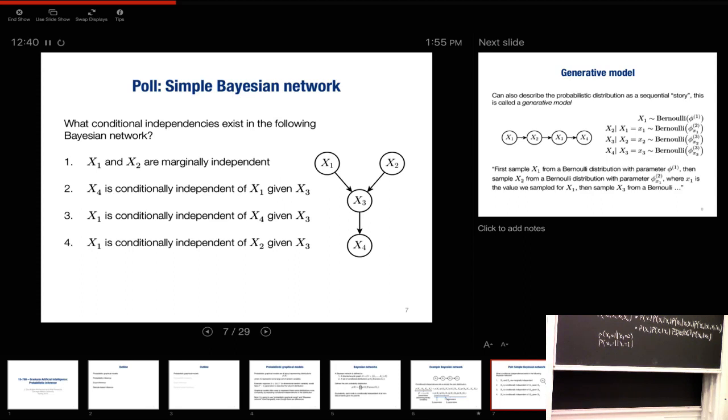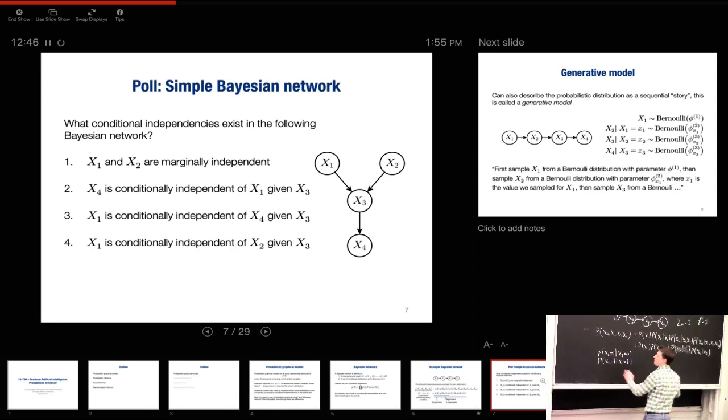Let me just write, so undo that cross out if that works. The distribution of this one here would be p of x1, p of x2, p of x3 given x1 and x2, and p of x4 given x3. Okay, that's the distribution that's defined by this network here.